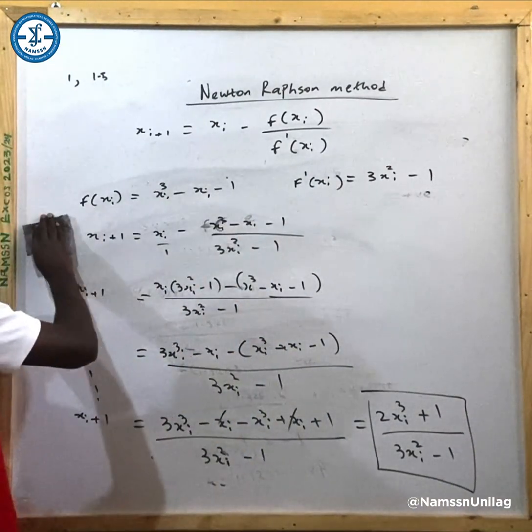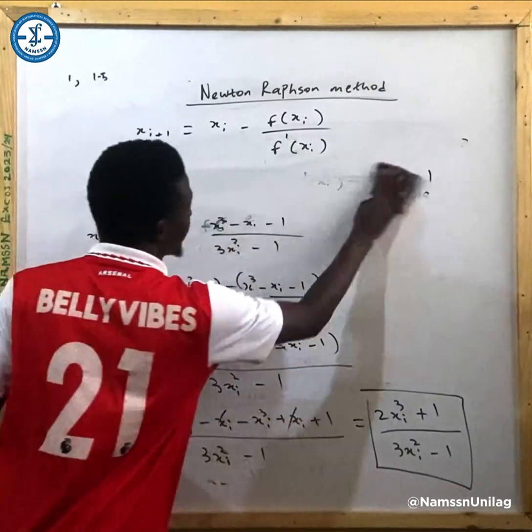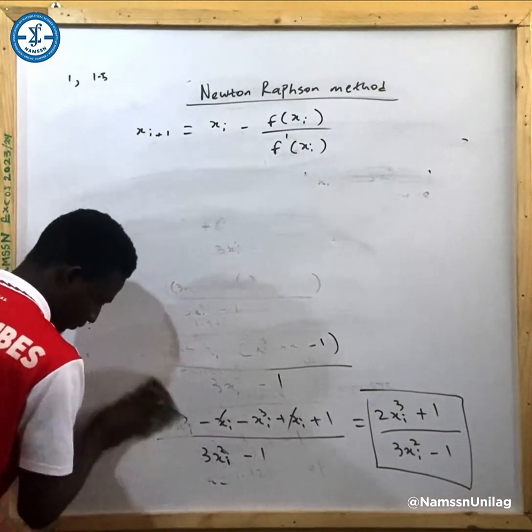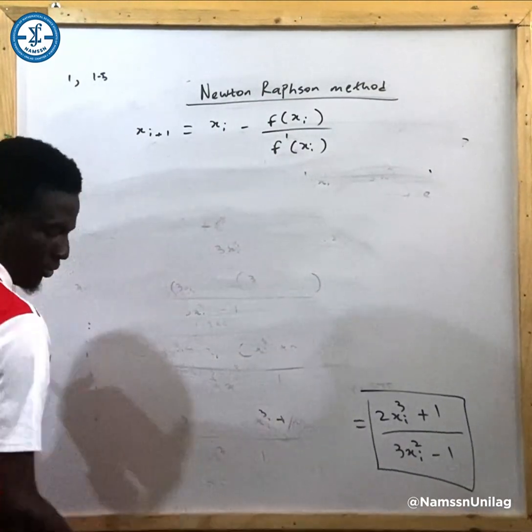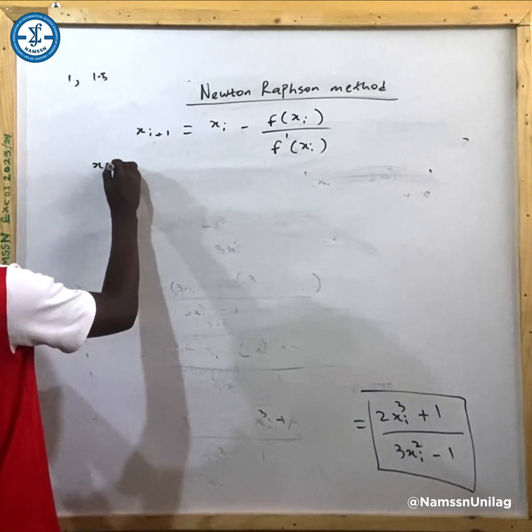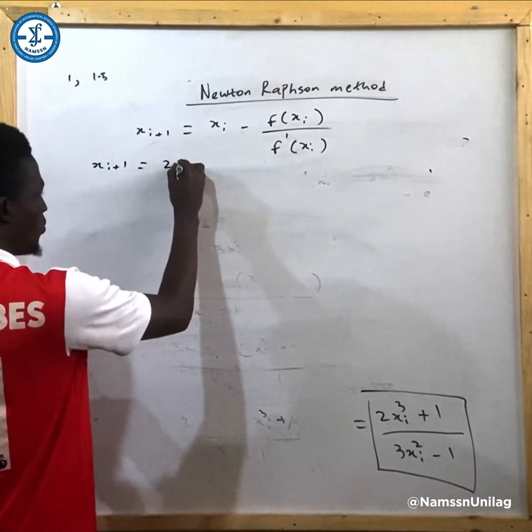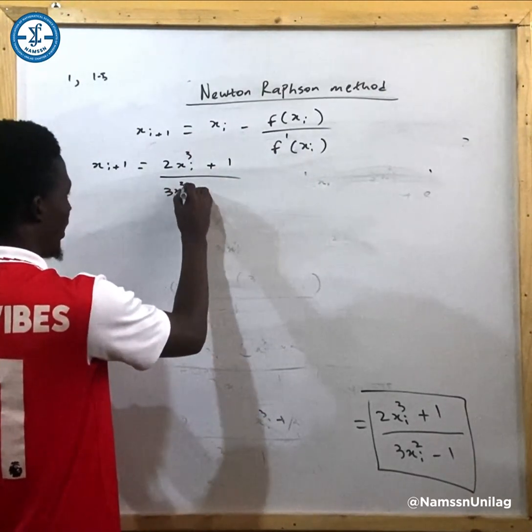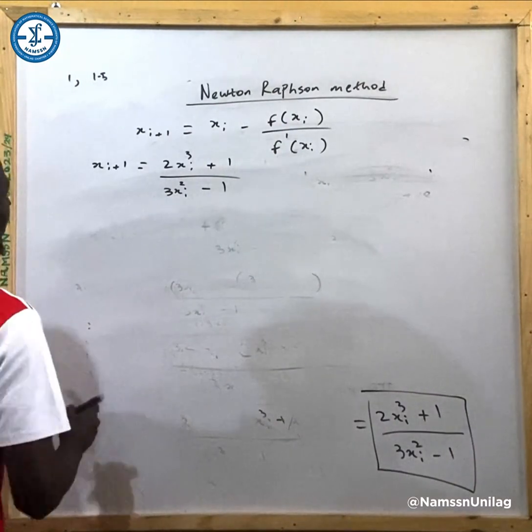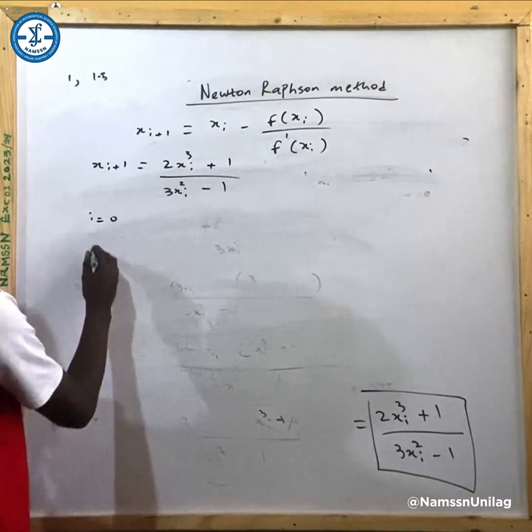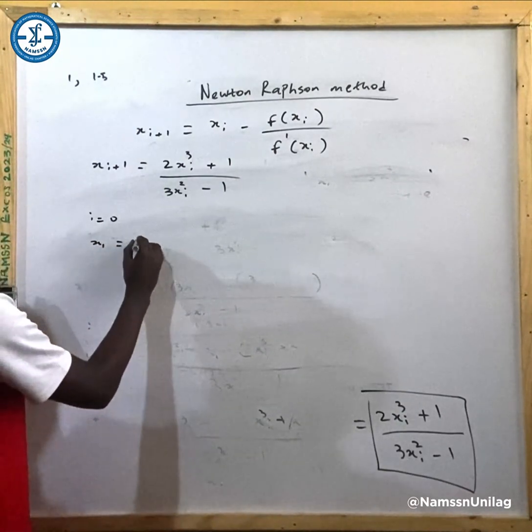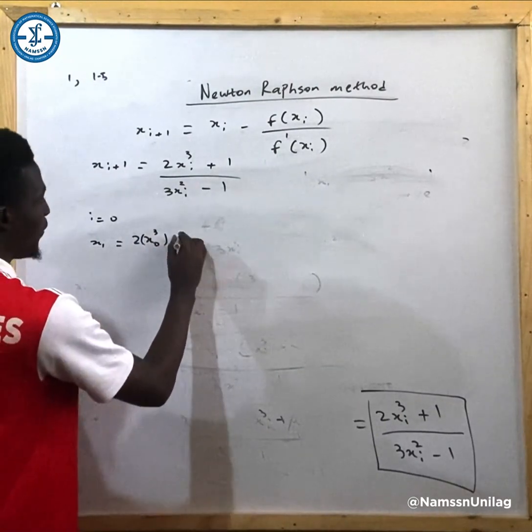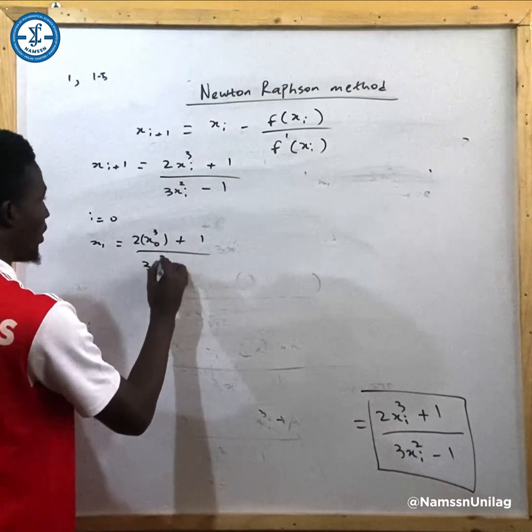Now let's start our iterative process. Using this, x_{i+1} is 2x_i cubed plus 1 over 3x_i squared minus 1. If I set i to be 0, this becomes x1 equals 2x0 cubed plus 1 over 3x0 squared minus 1.